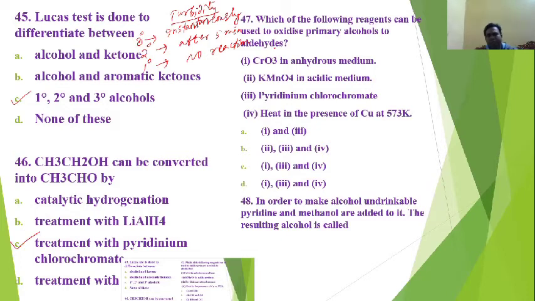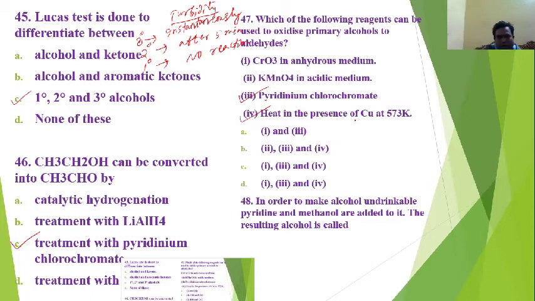Question 47. Which of the following reagents can be used to oxidize primary alcohol to aldehyde? Pyridinium chlorochromate PCC, and heat in the presence of copper. So third and fourth. CrO3, chromium oxide, is sometimes also used.